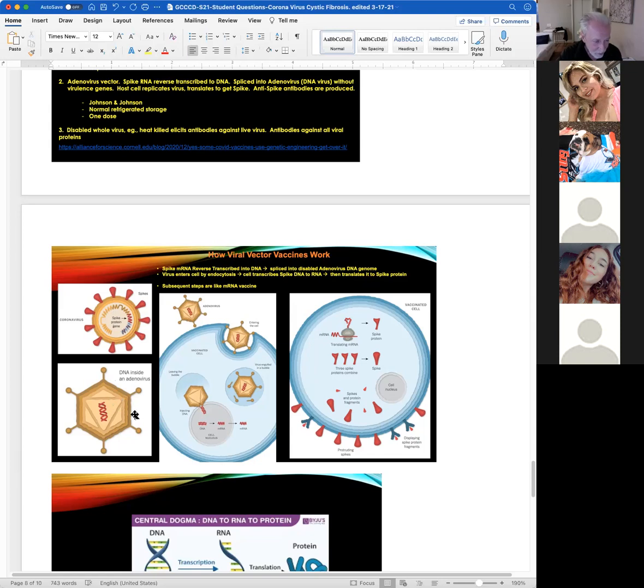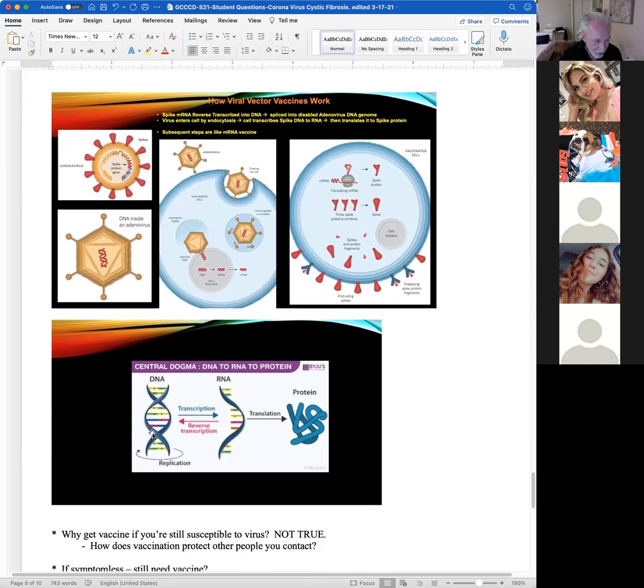So what do you do? You use an enzyme called reverse transcriptase, which converts single-stranded RNA to the corresponding double-stranded DNA. So you take the spike protein RNA, make it into a double-stranded DNA, and now you can splice it into an adenovirus vector, which is very good at invading cells.